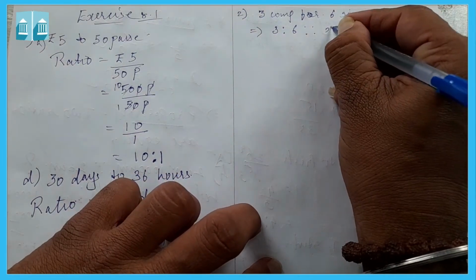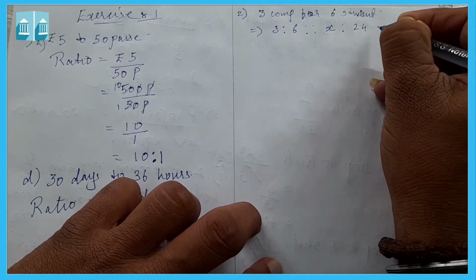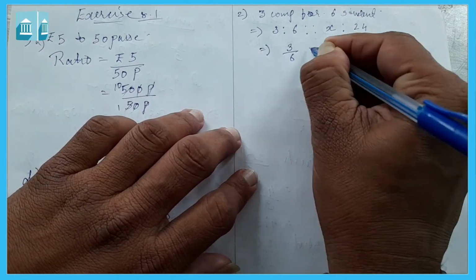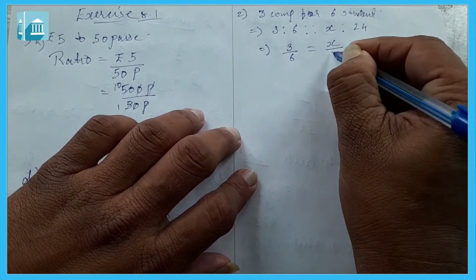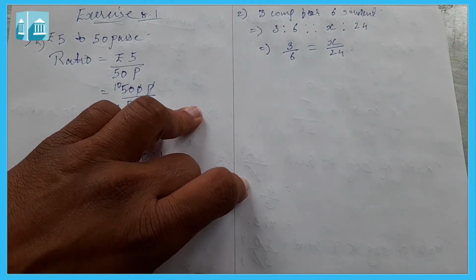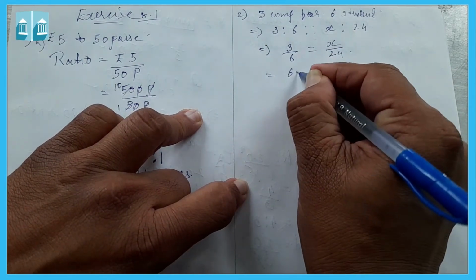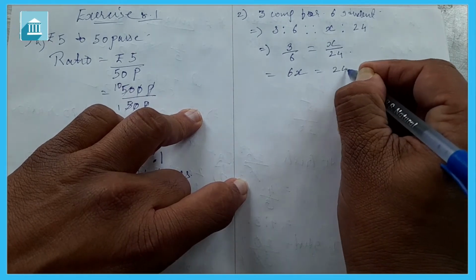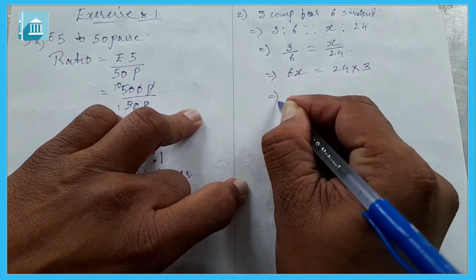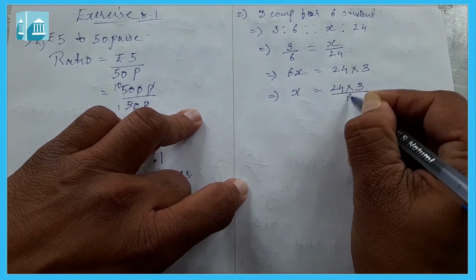So we can say let the computers needed be x, for 24 students. Now when we form it, 3 upon 6 is equal to x upon 24. This we can find out like this also. Now this will be 6x is equal to 24 into 3, and we imply that x is equal to 24 into 3 upon 6.